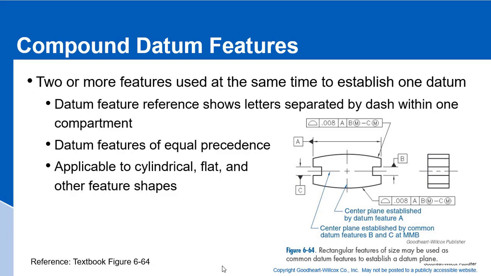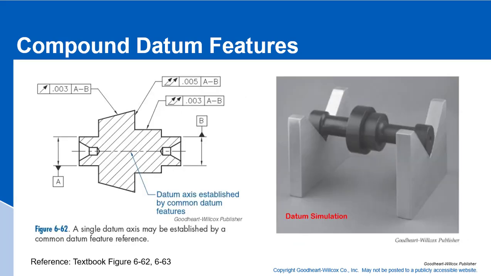Your book also calls it common datum features, but this is compound. In a compound datum feature, we're using two datums to establish essentially one datum, and we do that by placing a dash between the two datums in the same datum reference block. This is also common for cylindrical parts.